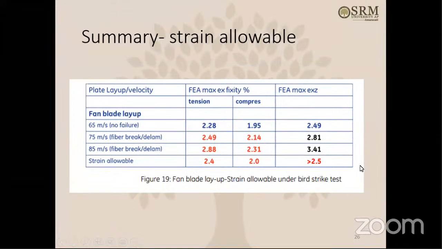Of course, these are very high values compared to the static test. If you remember, if you perform the static test on a carbon composite specimen, you don't see that much high strength. But here you can see, because of the dynamic simulation, the strain levels shoot up. So these are the dynamic simulation levels.